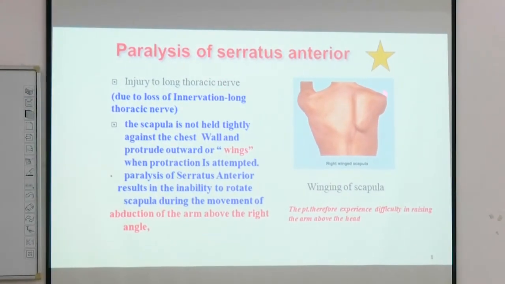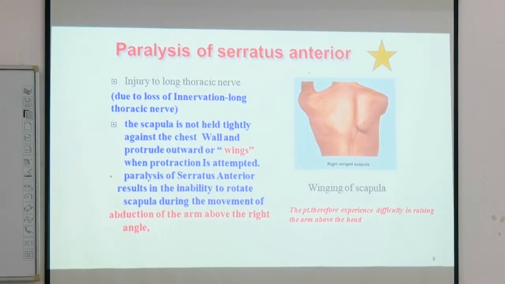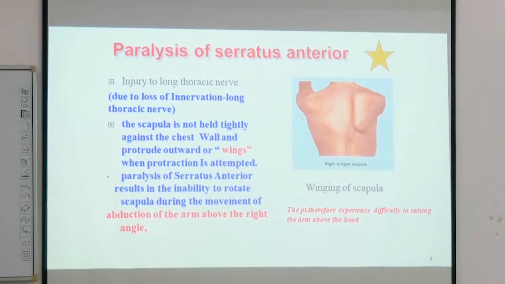This winging of the scapula happens because of the non-action of the serratus anterior muscle, because of this injury to the long thoracic nerve. The most common cause is the surgical injury during chest wall or axillary surgeries.